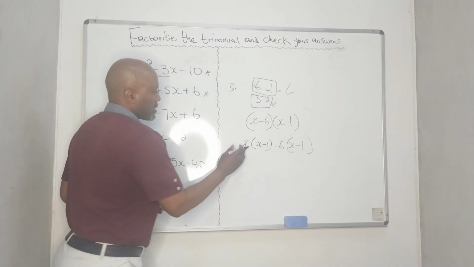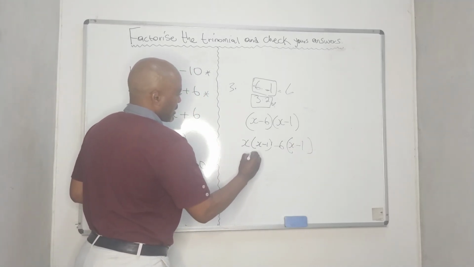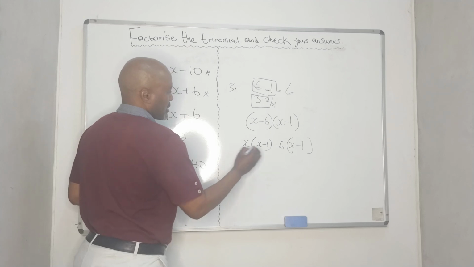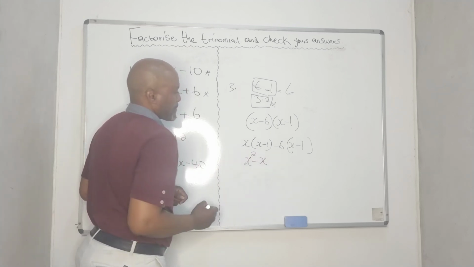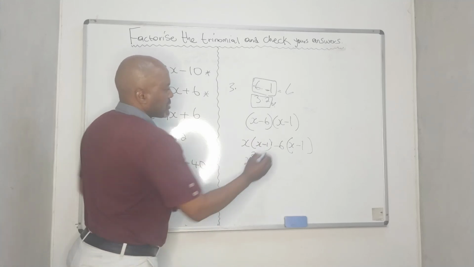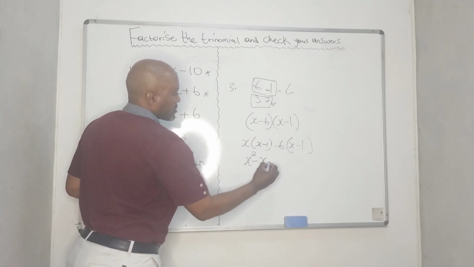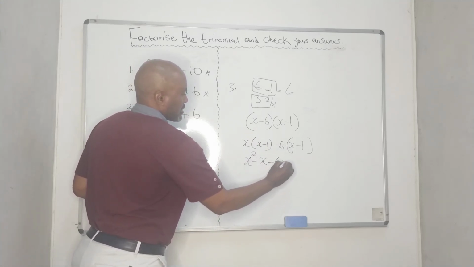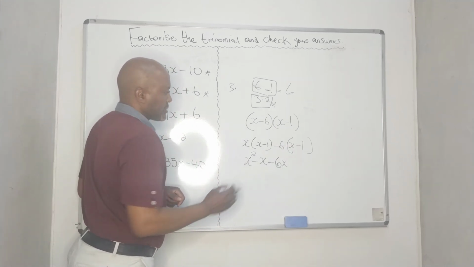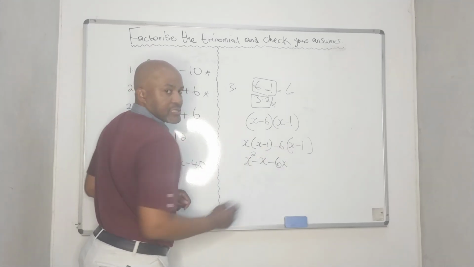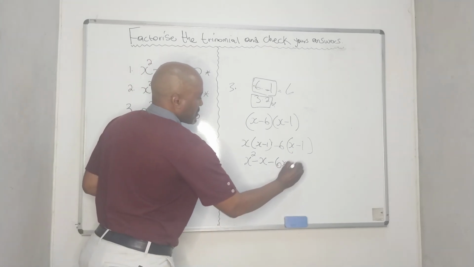So now let's multiply x by x. You get x squared. X by negative 1, you get negative x. Then negative 6 by x, you get negative 6x. Negative 6 by negative 1, you get positive 6.